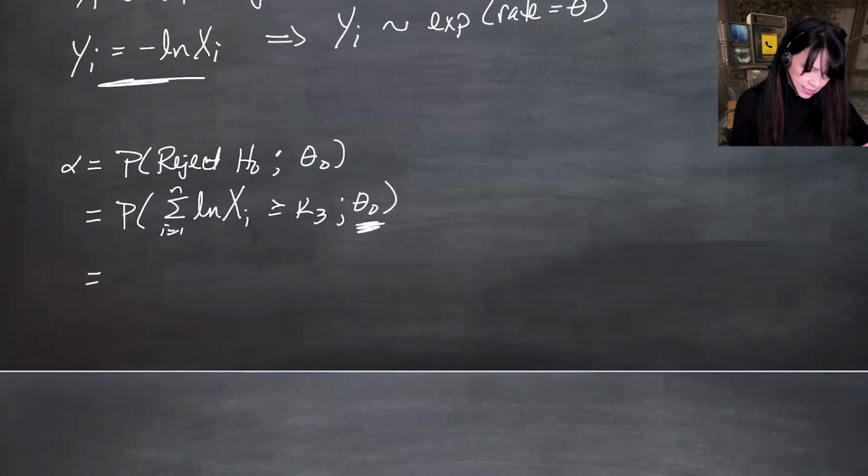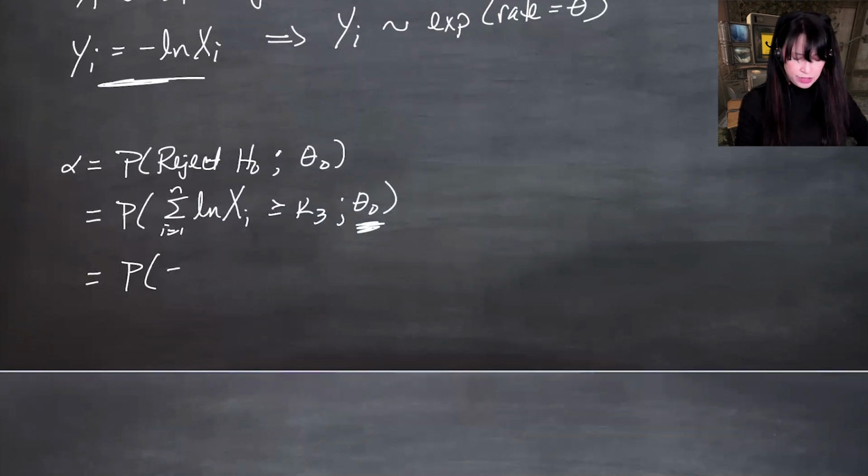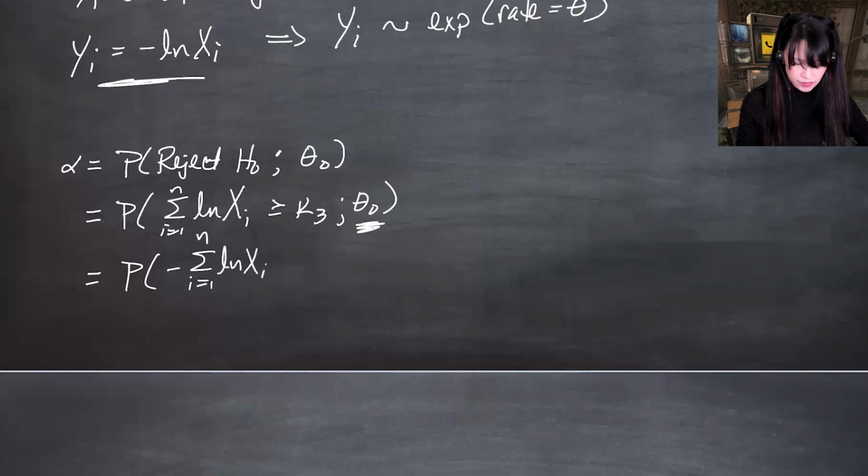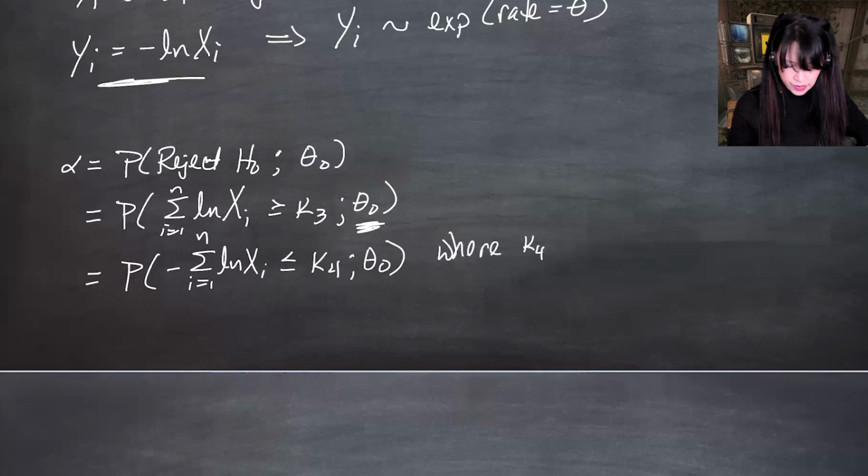So this is the probability that after multiplying both sides by a negative, negative sum as i goes from 1 to n of the log of the Xi greater than or, oops, sorry. This is flipping, of course. And I'm going to put a new constant here, K4, where K4 is the negative of K3.